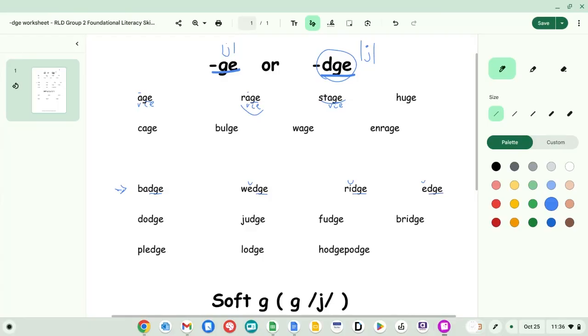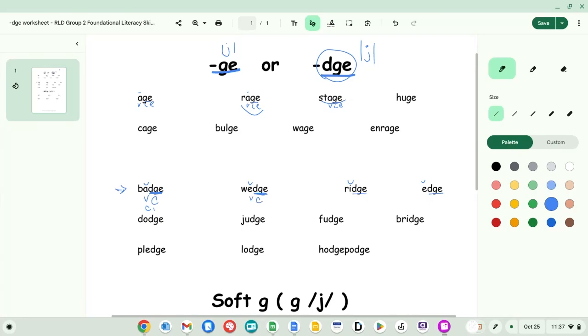So for these words, we want to mark this as a consonant, because this sound is J. So if it's vowel, consonant, this is a closed syllable. So that's how we get that A to say A. And same here, this DGE, you want to teach your children that that's a consonant.